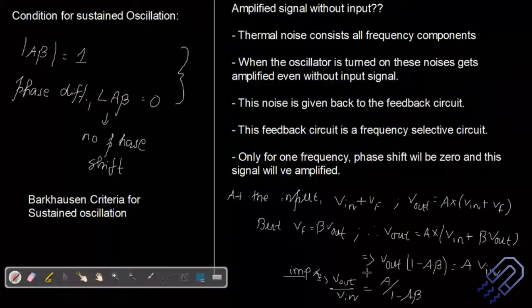If I ask you to derive this relation using a circuit diagram, you have to draw the previous circuit diagram and try to derive this out, and we are going to understand something from here. Let's mark this as equation 1. Equation 1 was V out divided by V in is equal to A divided by 1 minus A beta.